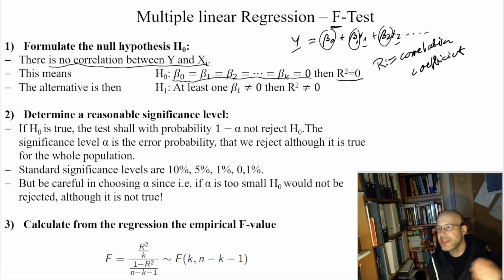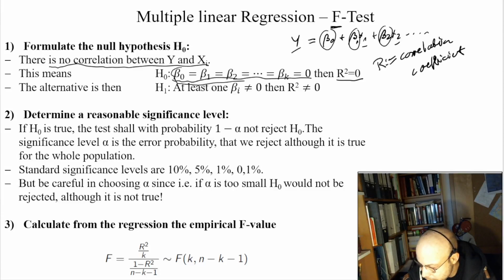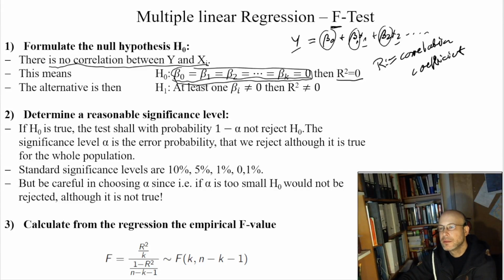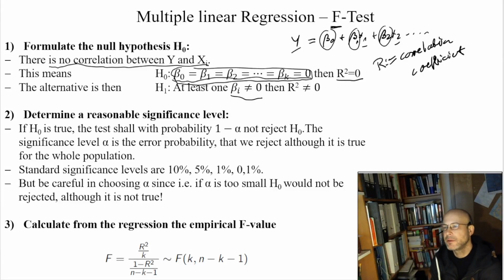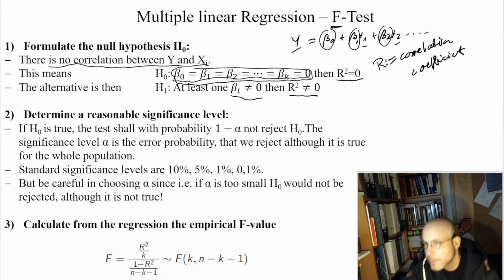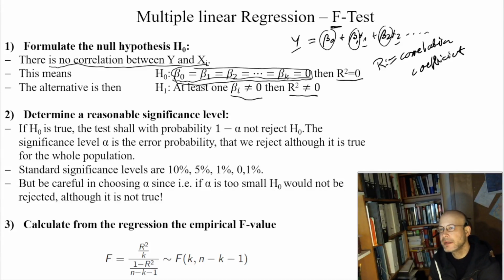What is then the alternative? If our assumption is not right, it means that at least one beta value deviates from 0, or in general that R squared is not 0.